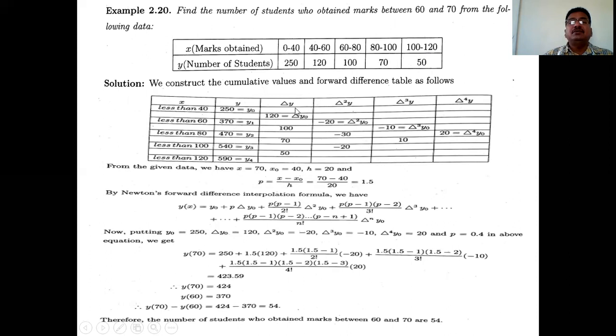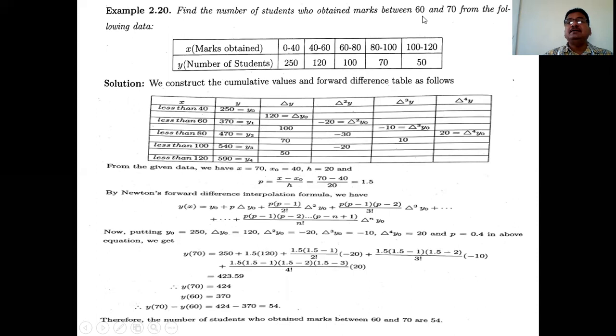So in this problem, we have to use the forward difference interpolation formula, and that's why you prepare the forward difference table. The first column is the values of x. The question is to obtain the students who obtain marks between 60 to 70.